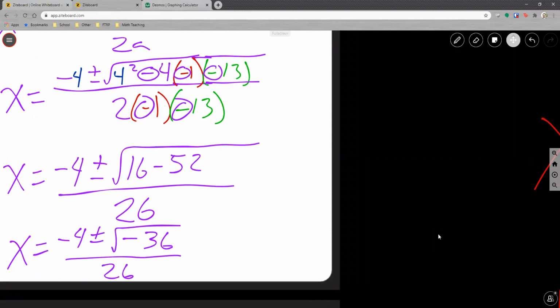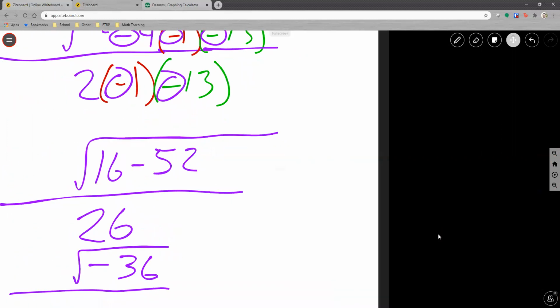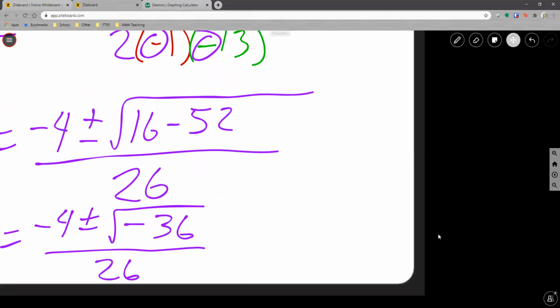Well, we know the square root of 36 is just 6. It's -36, so remember, it's going to have that imaginary component. So I can rewrite this as -4 plus or minus 6 times i, all over 26.